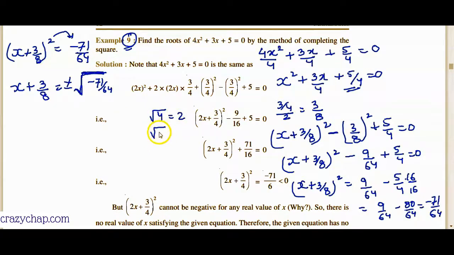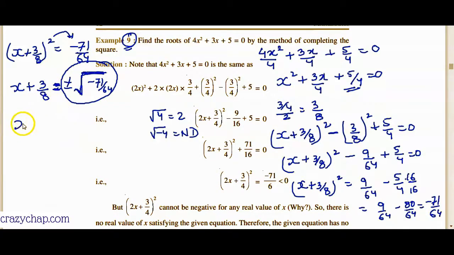But square root of negative 4 is not defined, okay? Because there is no number which you square and you get negative 4, right? So square root of negative 4 is not defined. That is called an imaginary result, okay? So this result is an imaginary result. It means there is no number which you square and you get negative 71 over 64, right?